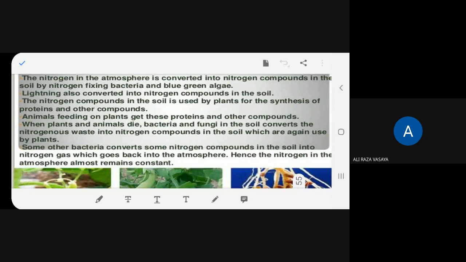So the nitrogen compounds are converted into nitrogen gas by certain bacteria, and it mixes with the atmosphere. So the nitrogen in the atmosphere becomes quite constant. Whatever they take from the atmosphere, they give it back. Is it clear to all of you?